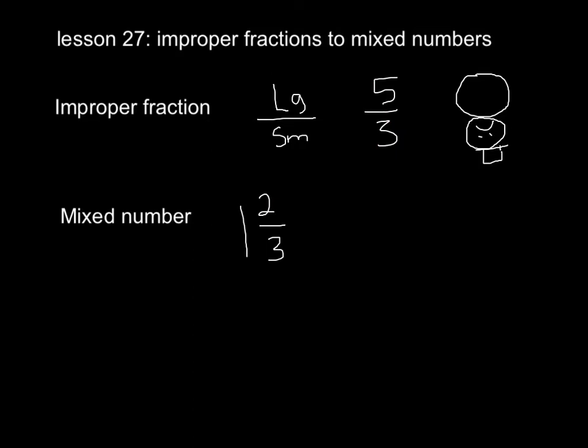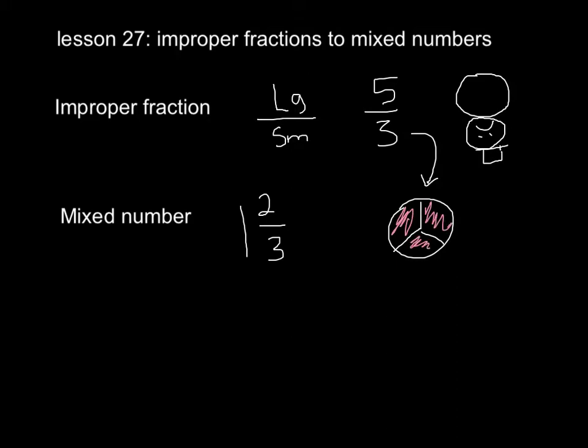And the first thing I want to do is point out to you that these are the same amounts. Just because they're written differently, they're still the same amount. So we'll take a look at this in terms of a pizza. If I'm looking at 5 slices of a pizza that's cut into 3 pieces, I would have a pizza cut into 3 pieces like that because of the 3, and I get to eat 5 of them. 1, 2, 3.